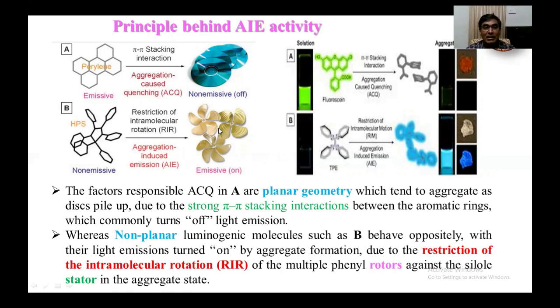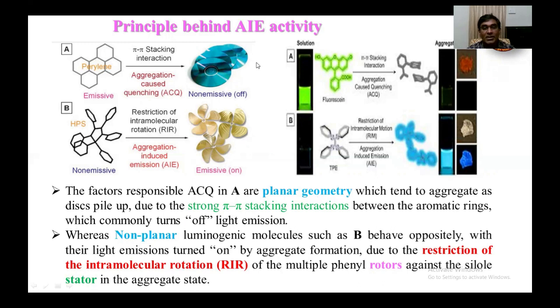Now the factors responsible for ACQ, that is aggregation-caused quenching, in perylene are the planar geometry, which tends to aggregate as a disk pile-up. The molecules are piled up on each other due to strong pi stacking, and that's why the emission turns off.